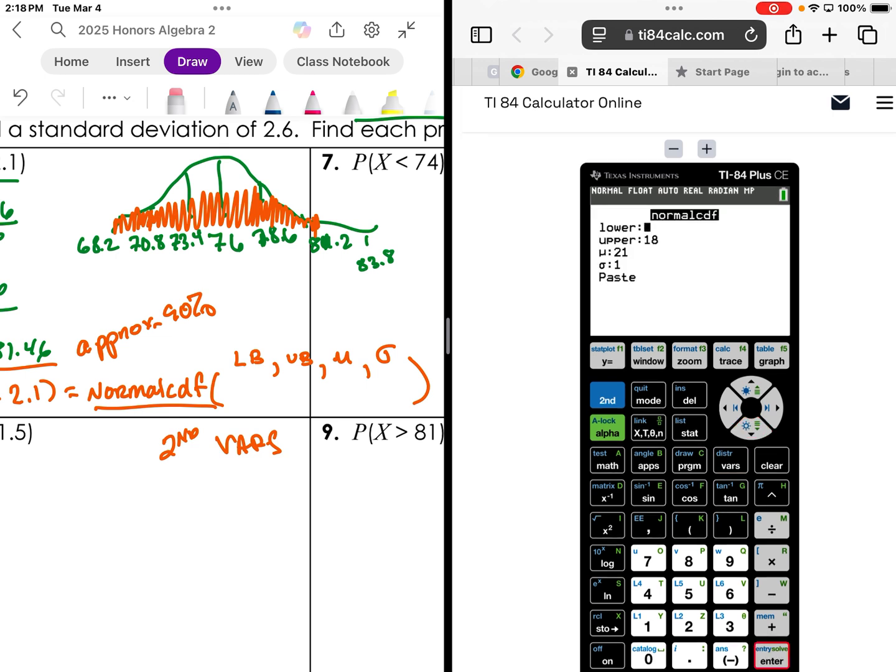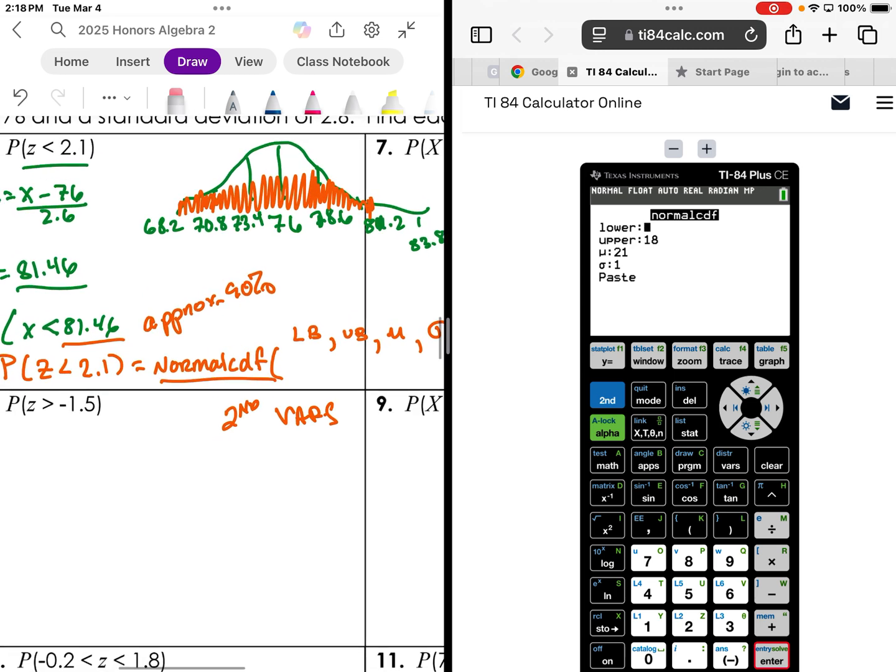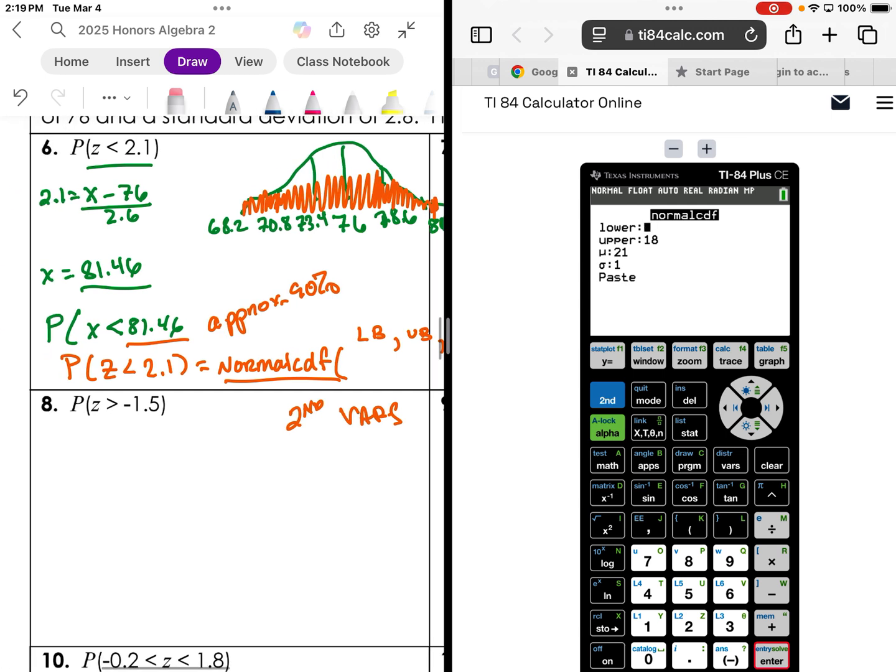Now, the first value is my lower bound. Here's where we're going to stop and talk about it for a minute. How do I know what my lower bound is? Well, they're asking me in this problem to find the percent that is to the left of 2.1. To the left means everything smaller than 2.1. So the 2.1 is technically my upper bound.